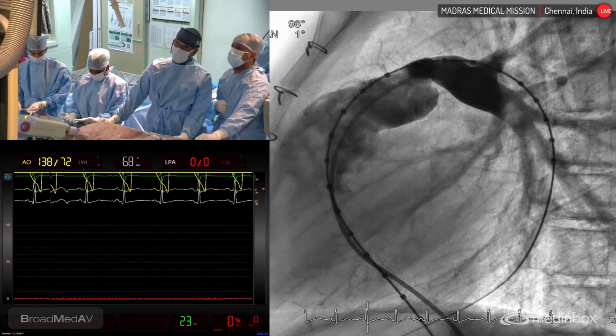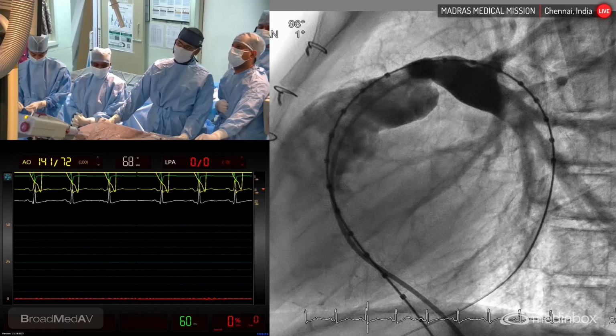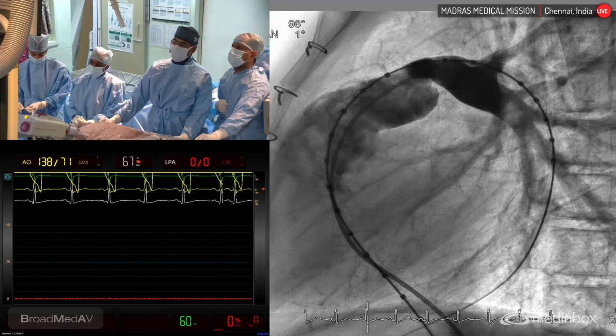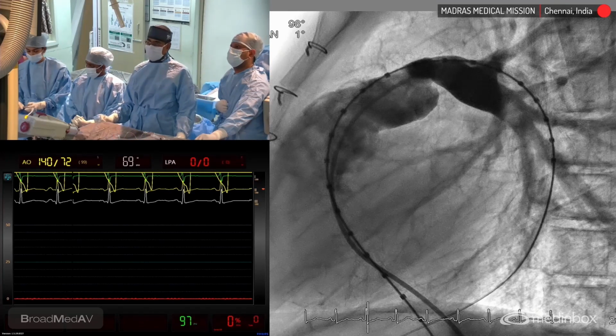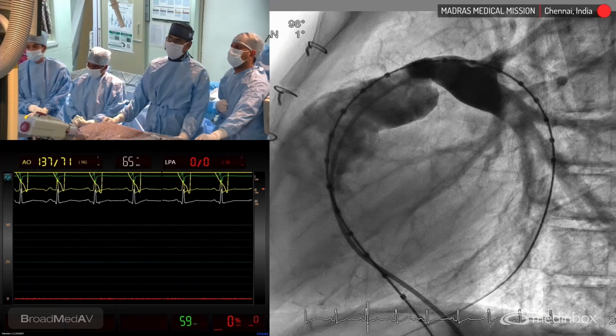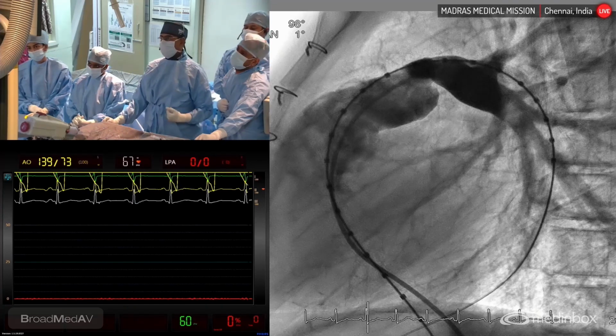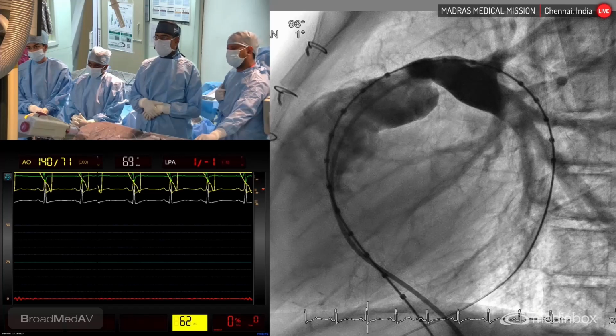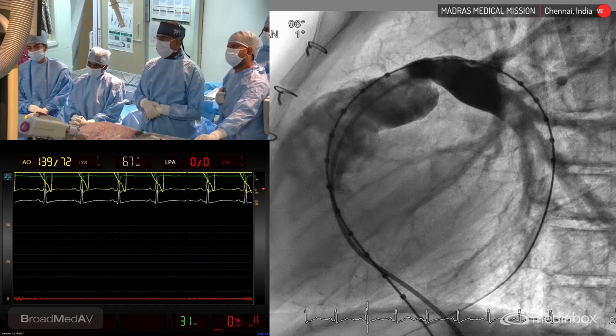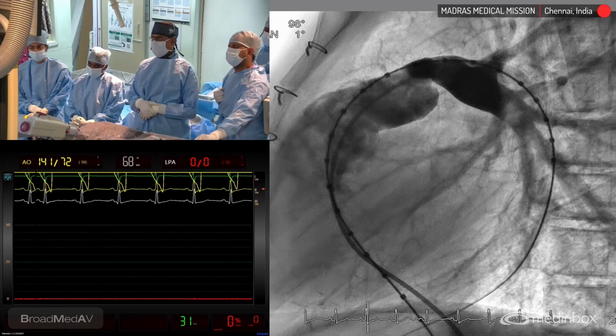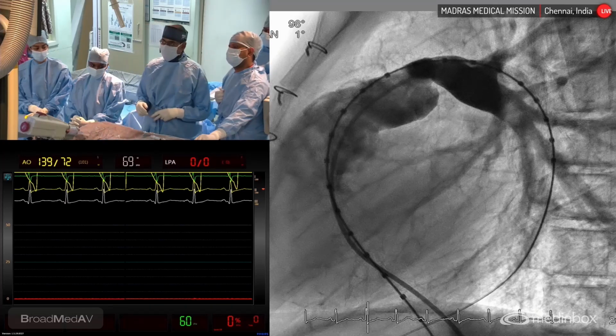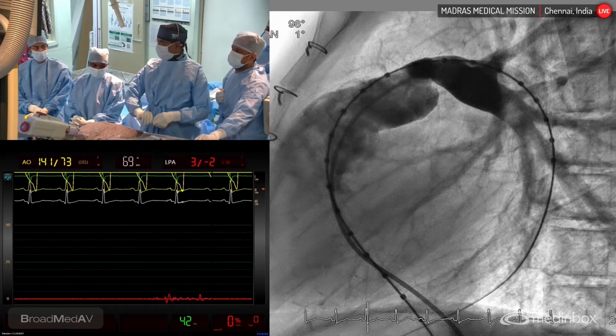The place where there is calcium, the right ventricle is widely open. We have a very short segment of the main pulmonary artery which is narrowed before the pulmonary artery branches into the two vessels. So our plan will be to get a main pulmonary artery stent placed at its bifurcation.